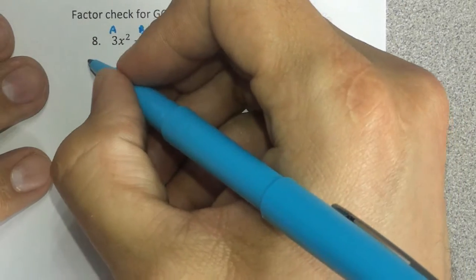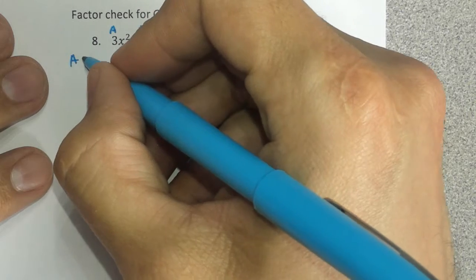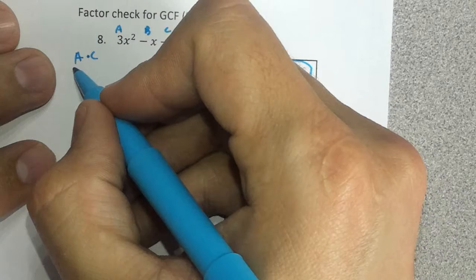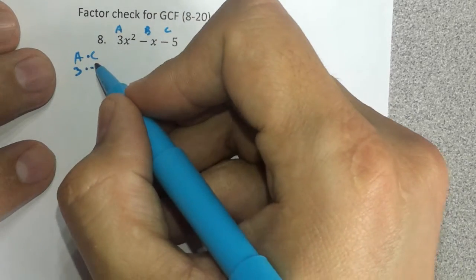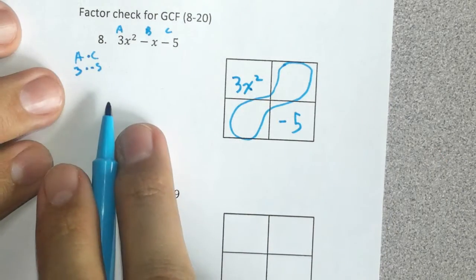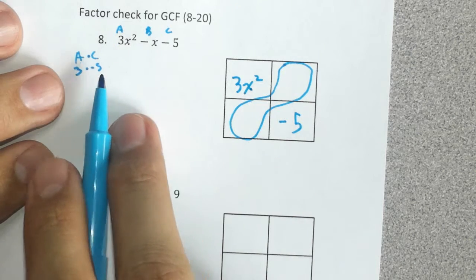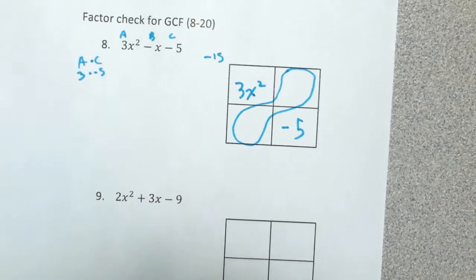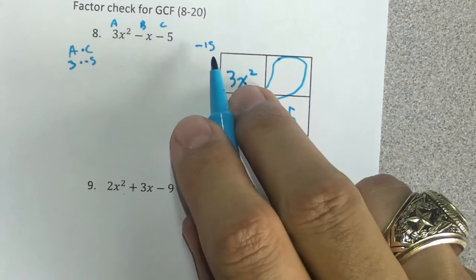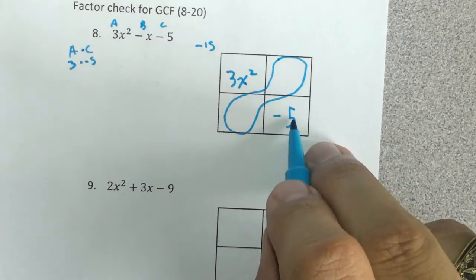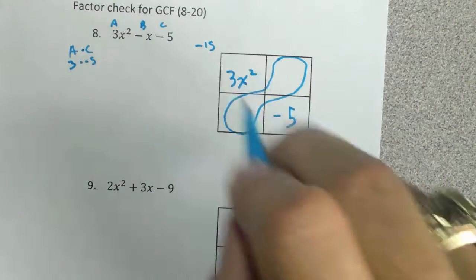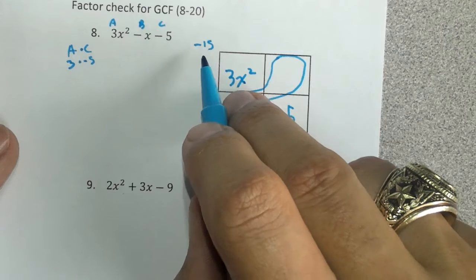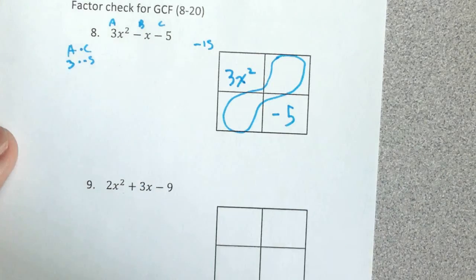We're going to take A times C. A times C in this case is 3 times -5. 3 times -5 is -15. For some reason, I always just like to write it there. -5 times 3 is -15. Now we're going to use this 15 to find these values.